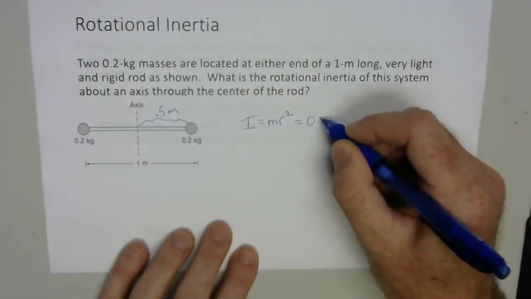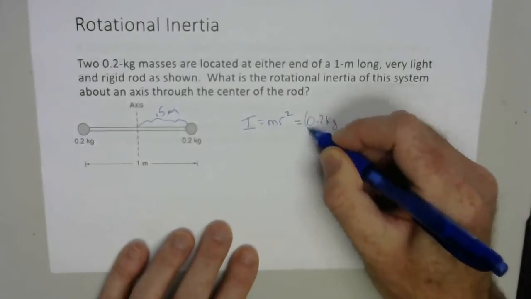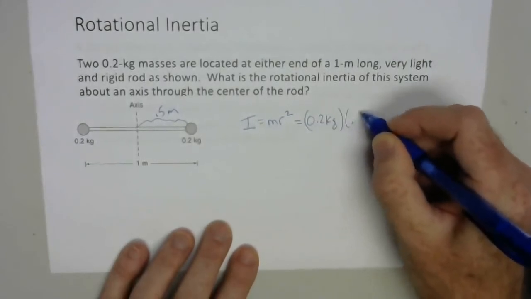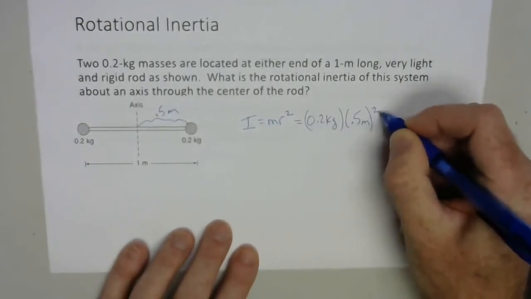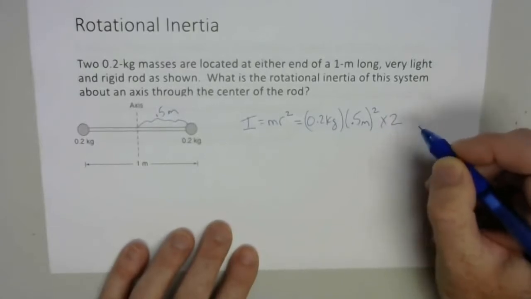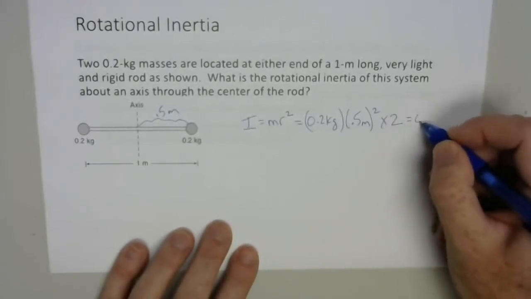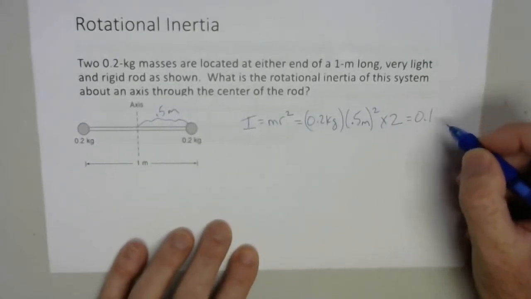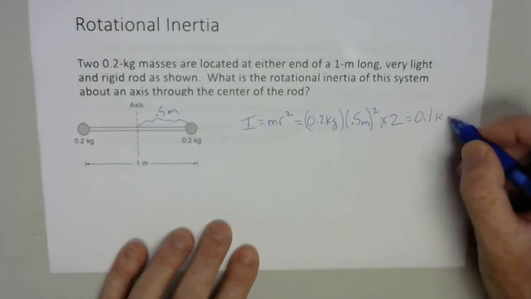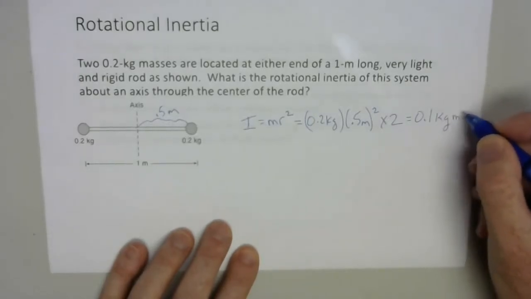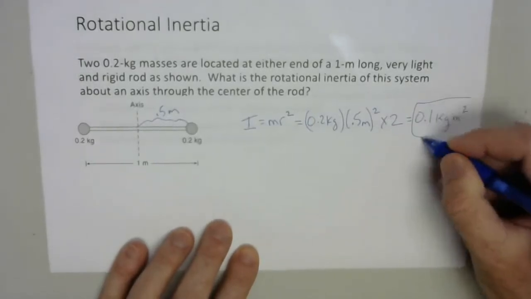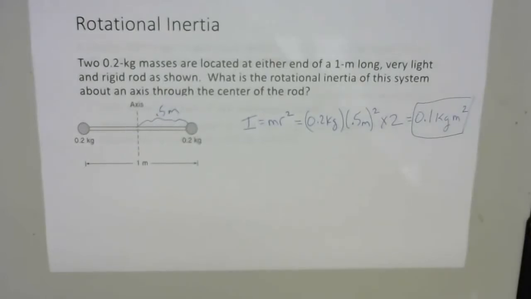So 0.2 kilograms times 0.5 meters, quantity squared, times 2, because there are two masses. You'll end up with 0.1 kilogram meter squared. So that would be the inertia of this particular system.